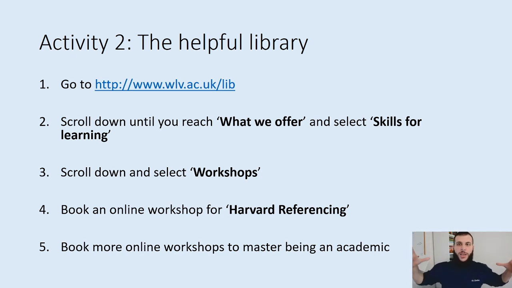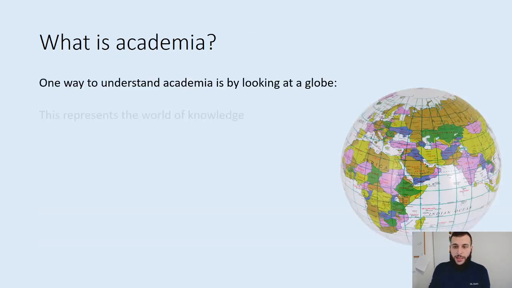It's a little section, and there's a button called Skills for Learning. Click that, scroll down again, select workshops, and book an online workshop for Harvard referencing. Don't worry if you don't know what Harvard referencing is, it'll be a lot clearer to you by the end of next week, or by watching or attending this workshop.